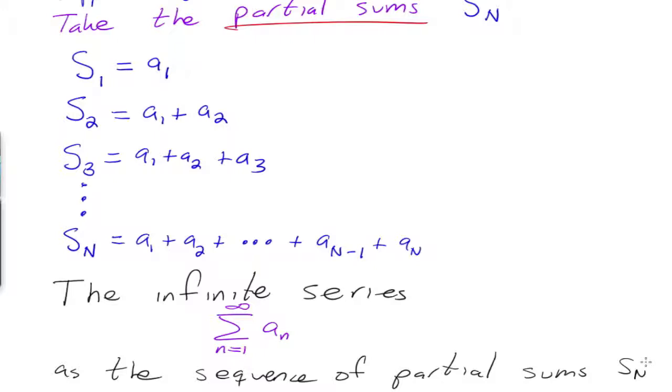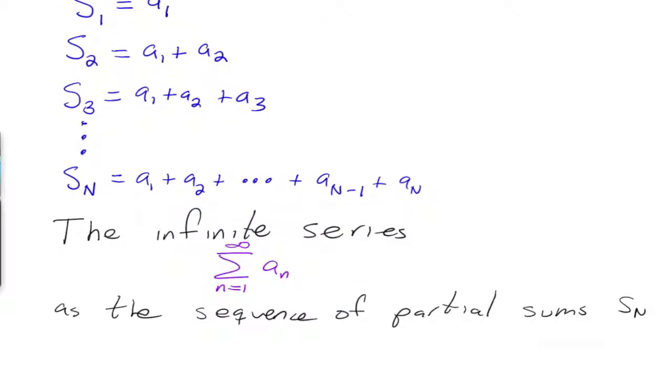So the infinite series, it's not really a sum, it's more of a sequence of partial sums. So the sequence would look like capital S1, capital S2, capital S3. When you go from one term in this sequence to the next, you add one more term. So each one is a sum. So it's a kind of a sequence, but we call it an infinite series.